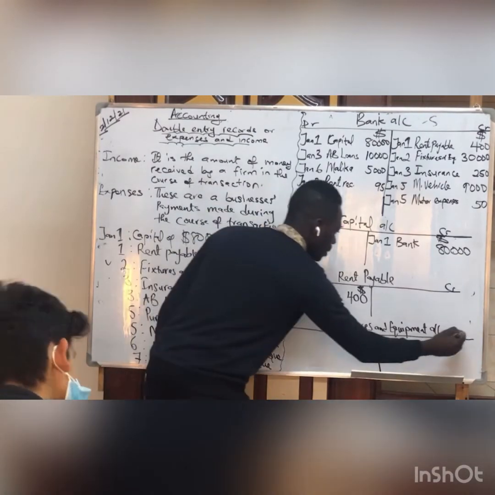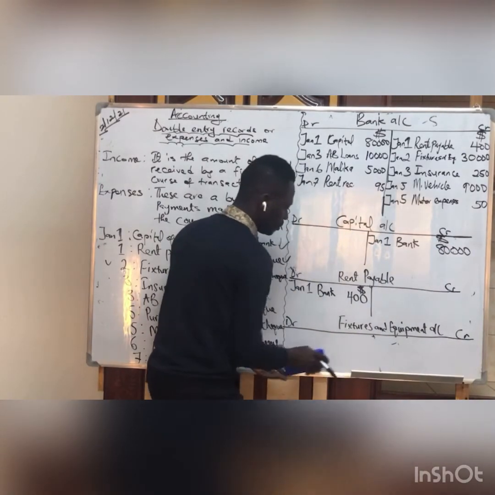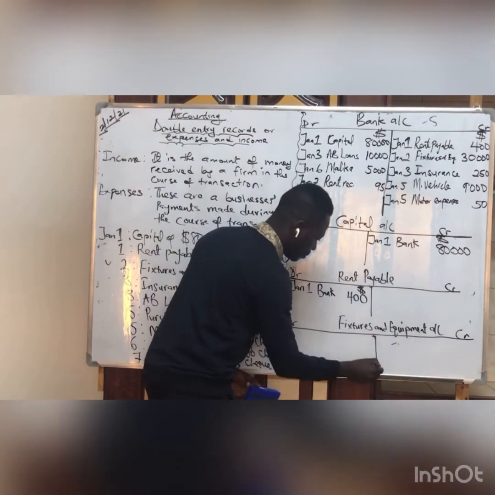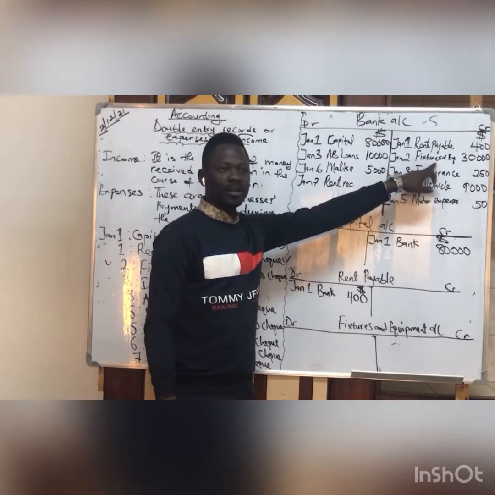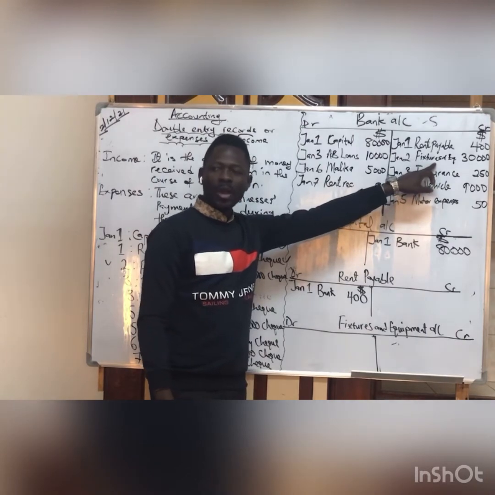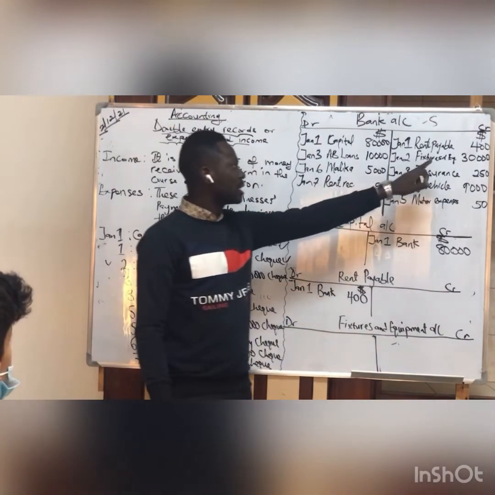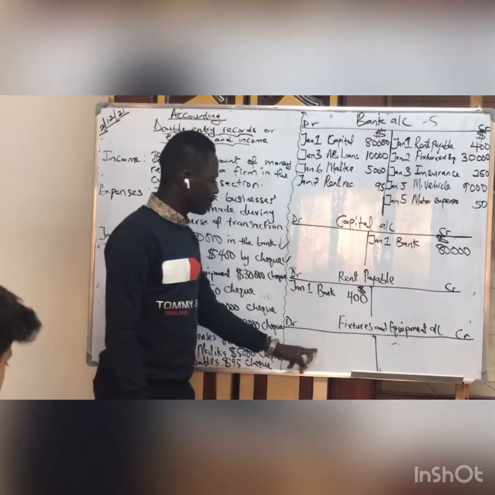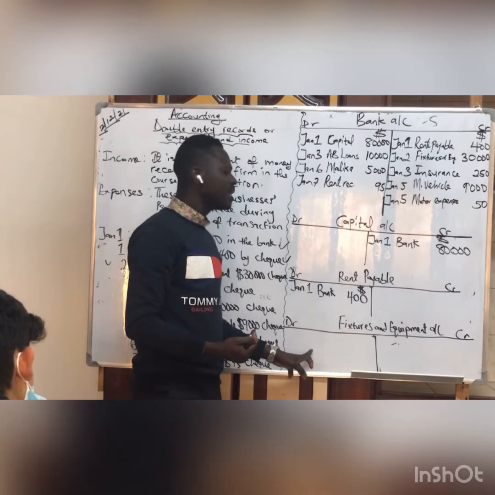Debit. I'll write this one. So fixtures here on the credit side. Where will it be in its own account? On the credit side, there will be where? Debit. Debit here. For every credit entry, there must be a corresponding debit entry.